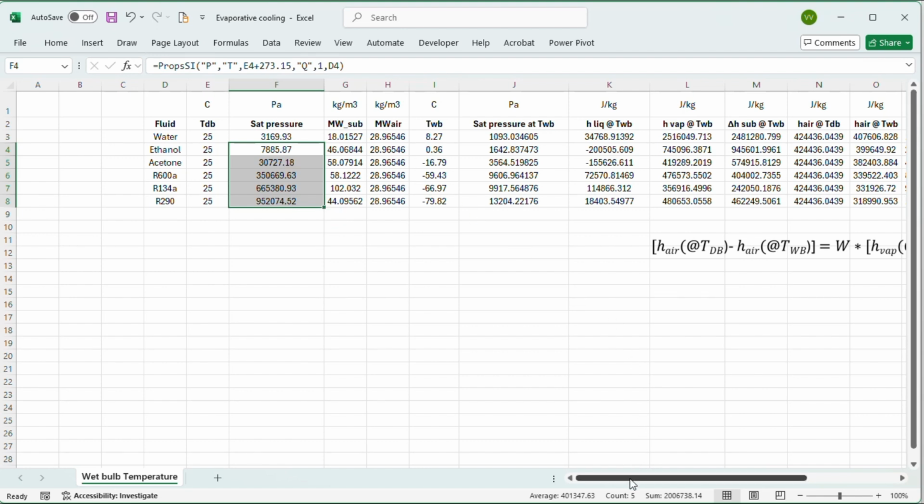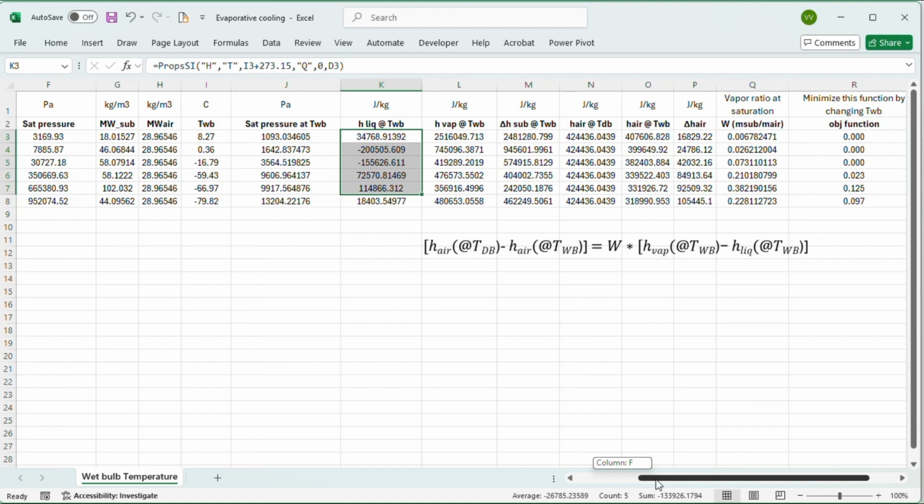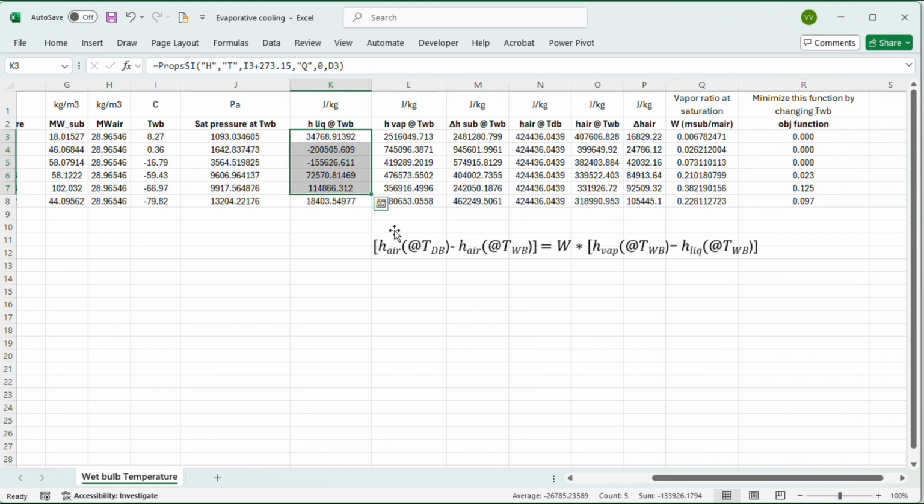Then the other factor is the enthalpy: the enthalpy in the liquid phase and how much it changes, how much energy is needed to vaporize, right? Then the molecular weight and things like that. So here, all of them are taken into account, and we can easily understand which one will create a bigger cooling effect while comparing their wet bulb temperature.